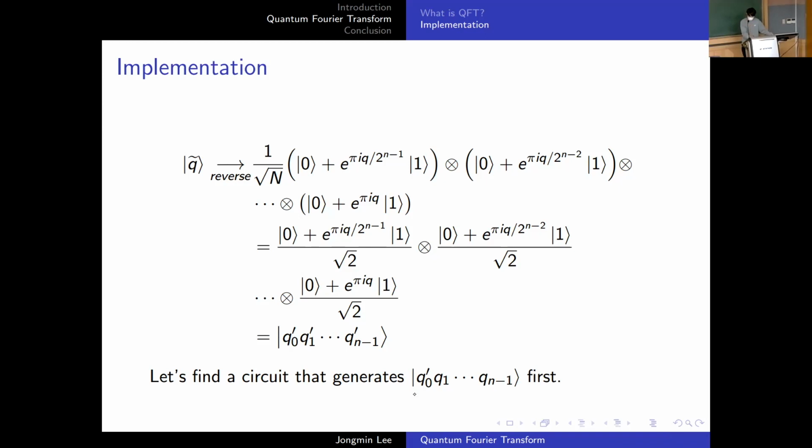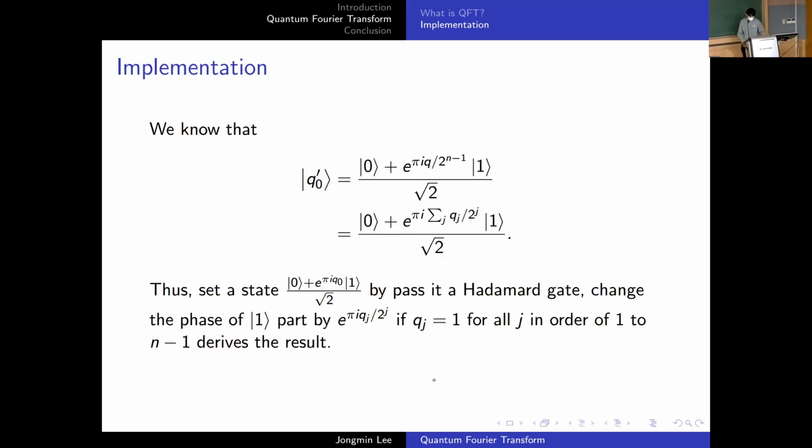The first basis change is just working, since the second q1' and q(n-1)' can be implemented just by shifting the q in the implementation.